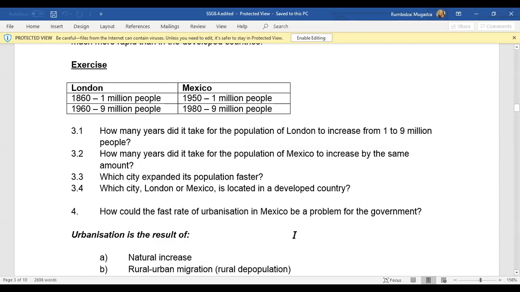Do you still remember urbanization? What happens when there are more people in the urban areas? Grade 8?